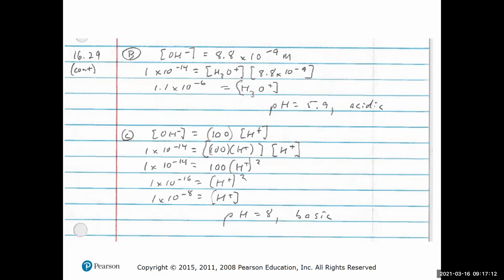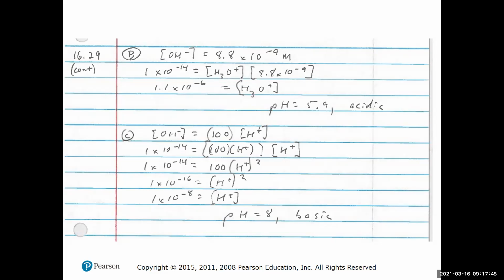But instead of having a number in here for the hydroxide ion concentration, we're going to put in 100 times the H plus. So we have 100 times H plus times H plus. If we do that math, we get 100 H plus squared, okay? And so then we can go ahead and solve that for H plus and get a value of 1 times 10 to the minus 8.